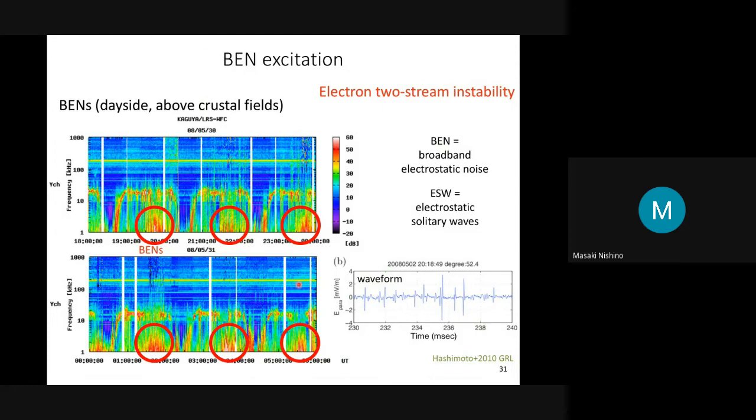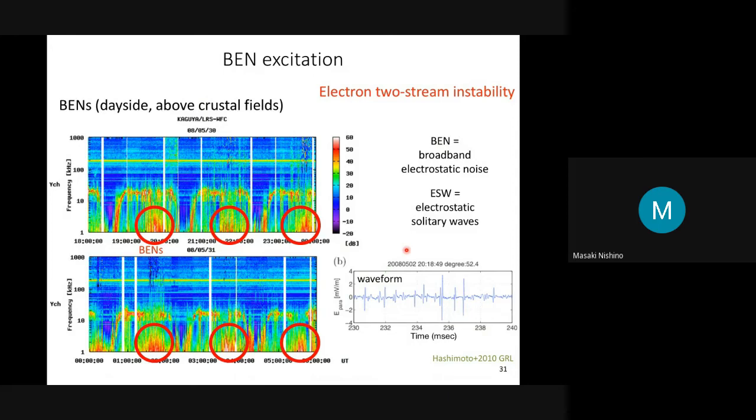So in total there are 6 revolutions around the Moon. And as you see here, there are strong wave activities, and these broadband electrostatic noises correspond to electrostatic solitary wave structures. And actually, they were detected above the South Pole-Aitken Basin.